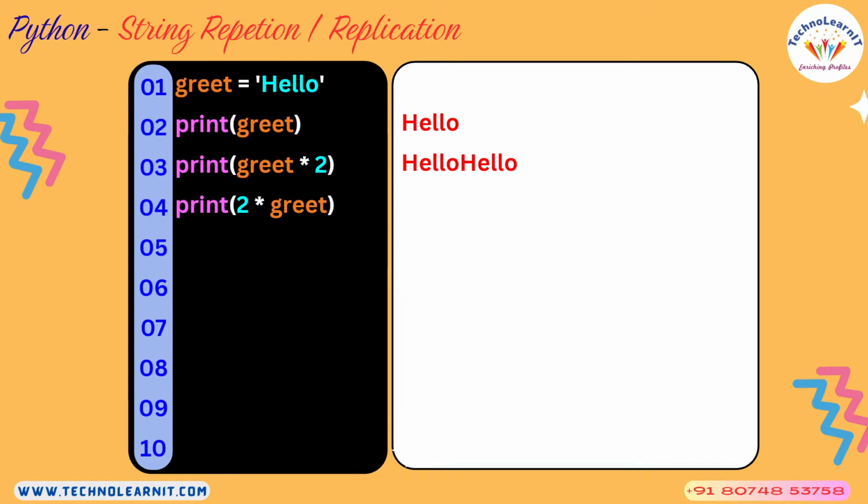The next statement, 2 times string, 2 star greet. Greet is a string variable. This also produces the same output where the string greet will be appended to itself 2 times, resulting in a single string called hello, hello.